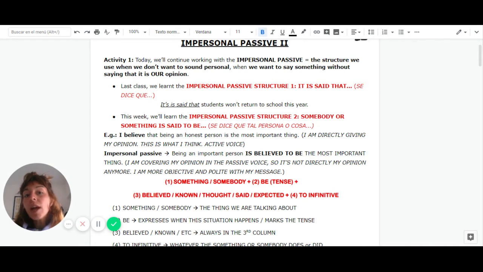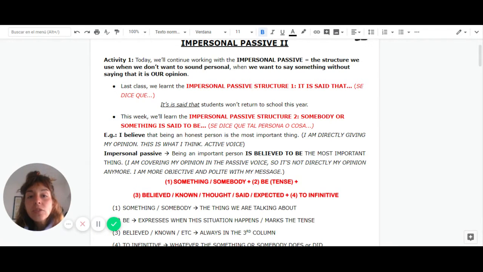These two structures that we are learning, under the umbrella of the impersonal passive, are used to give opinions in a way in which the person who is listening to us does not understand that that is our own opinion, but that person understands that this that I am saying is an opinion that everybody has.